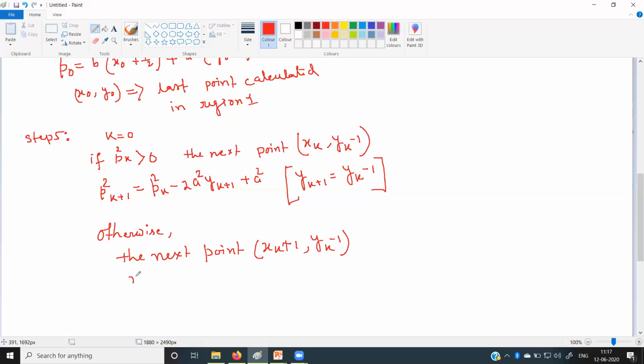So that means the x value for the k plus 1th iteration is xk plus 1 and the y value for the k plus 1th iteration is yk minus 1. Fine.